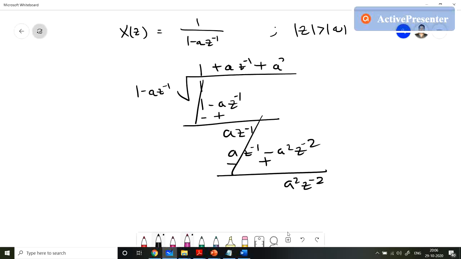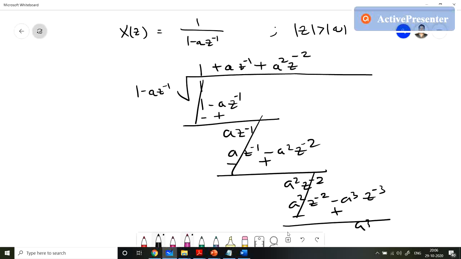Then we multiply with a square z raised to the power minus 2, and we get a square z raised to the power minus 2 minus a cube z raised to the power minus 3. And this process will continue.